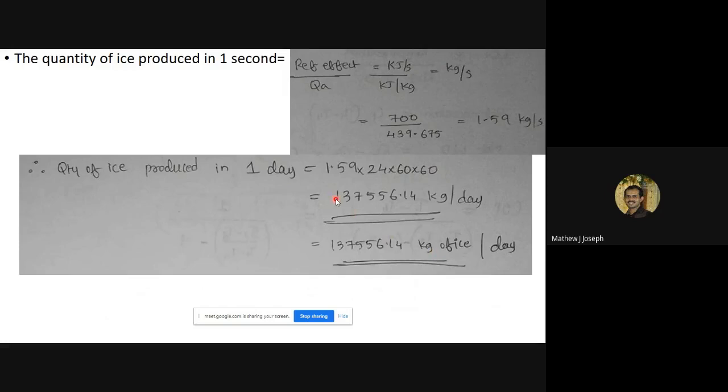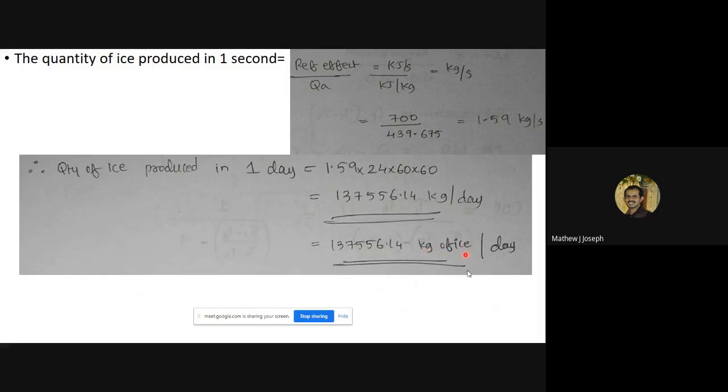So that will be around 1,37,556.14 kilogram of ice per day.